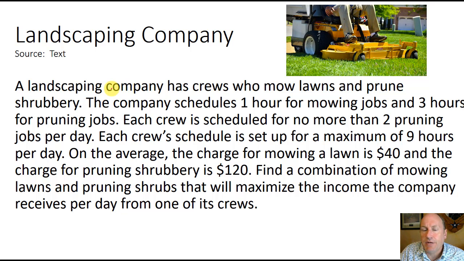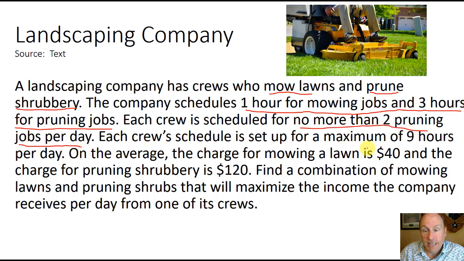The landscaping company has crews that mow lawns and prune shrubbery. So we got to look as we're going through this, what are the things we're trying to quantify? And the company schedules 1 hour for mowing jobs and 3 hours for pruning jobs. That's how much time it takes to do each of the jobs. Each crew is scheduled to work no more than 2 pruning jobs a day.